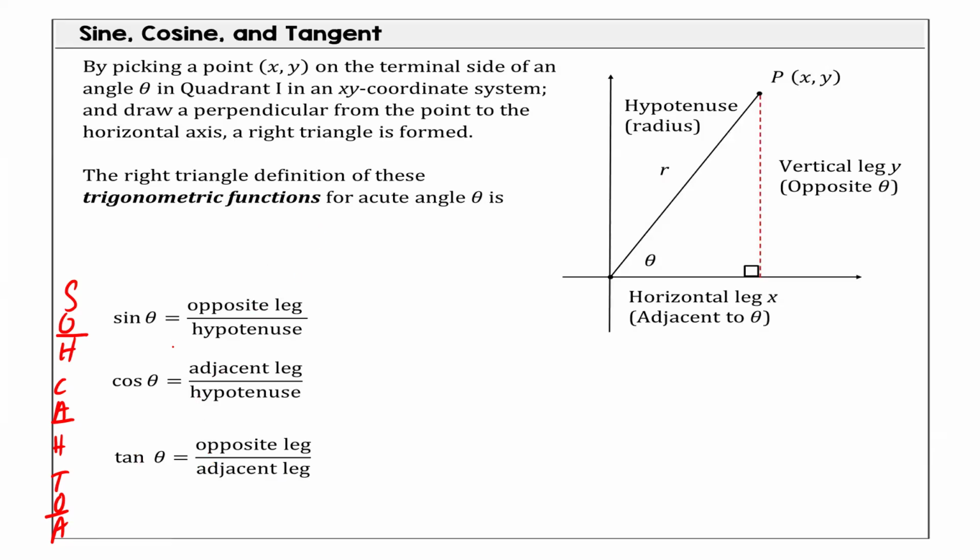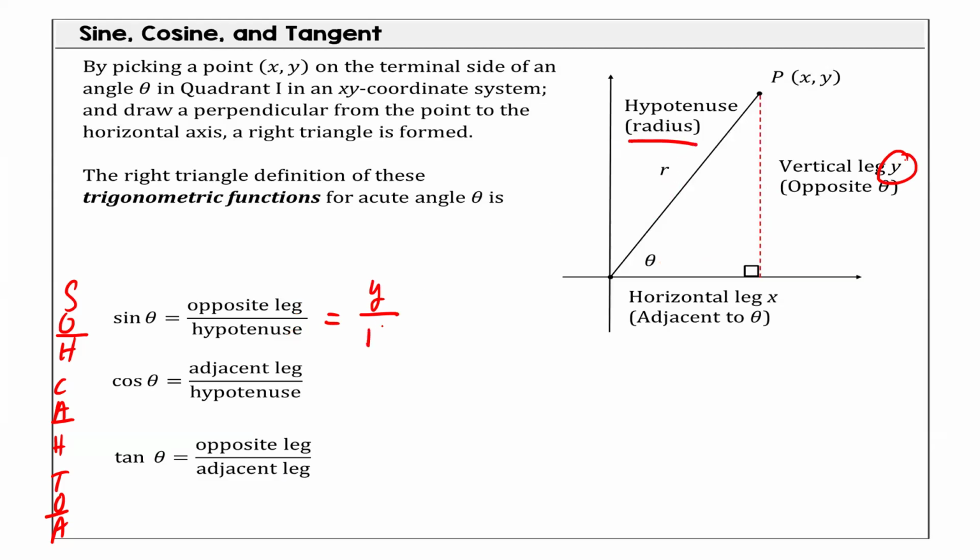So when you are looking at the sine of theta, sine of an unknown angle, if it's a right triangle, it's opposite over hypotenuse. But in terms of a unit circle, your opposite represents your vertical leg, which is your y, and your hypotenuse represents your radius.